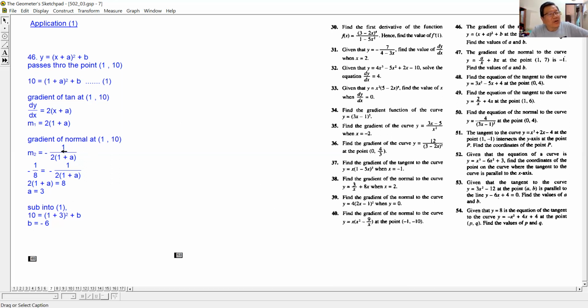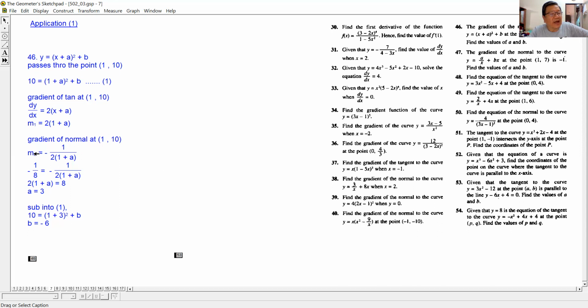Okay, right. So we take the number which represents the gradient of tangent, reciprocate it, that means inverse it, then change the sign, it becomes the gradient of normal. So this gradient of normal is given to me as negative 1/8.